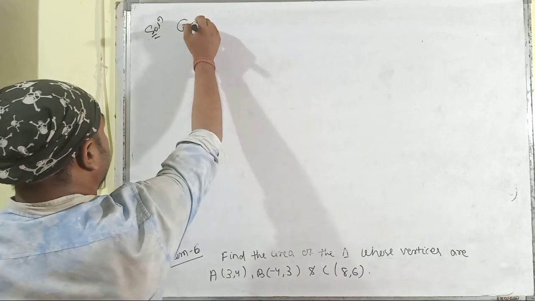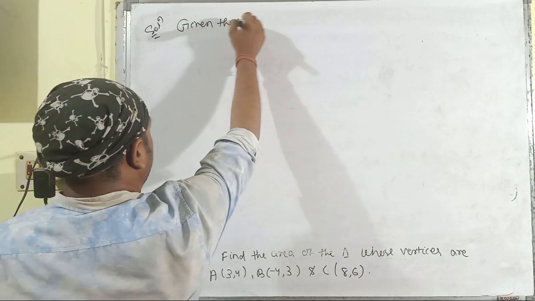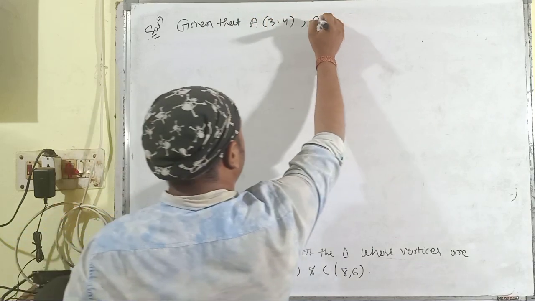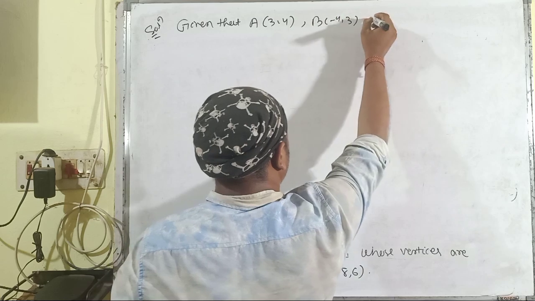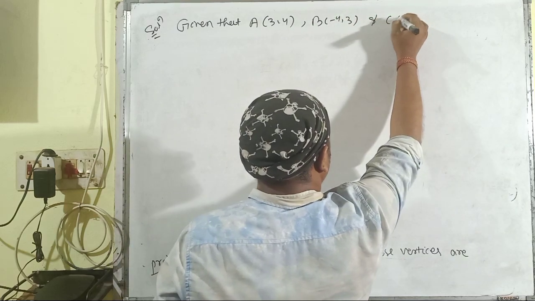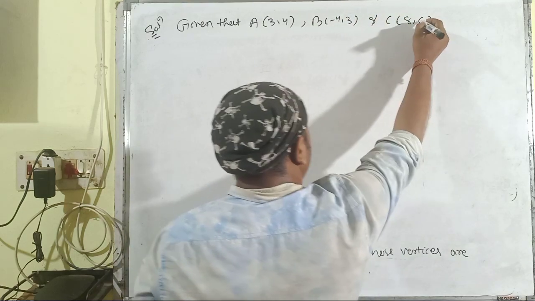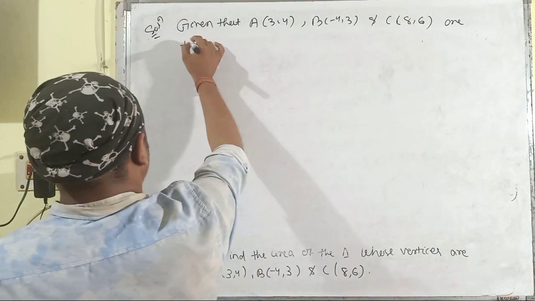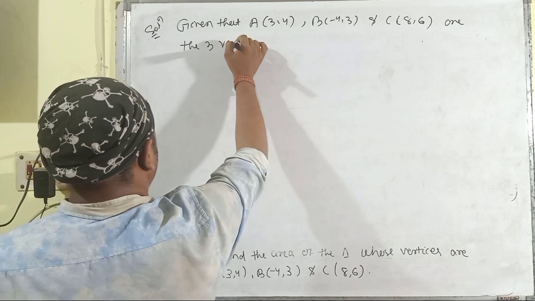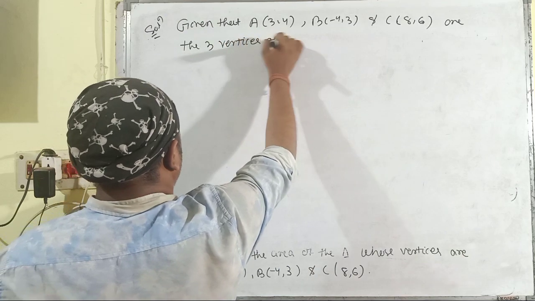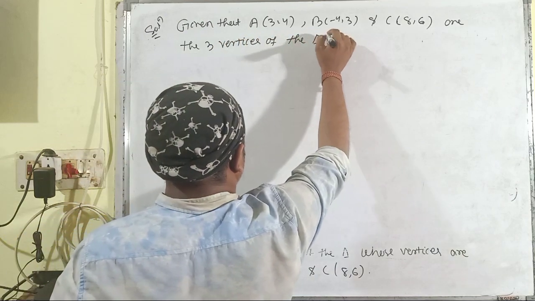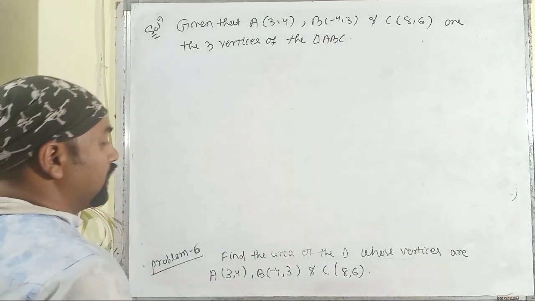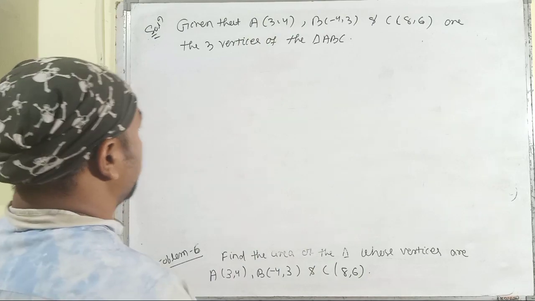Given that A (3, 4), B (minus 4, 3) and C (8, 6) are the three vertices of the triangle ABC, here we have to find the area of the triangle.